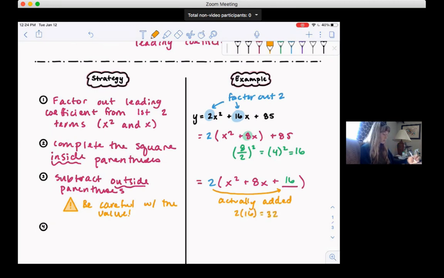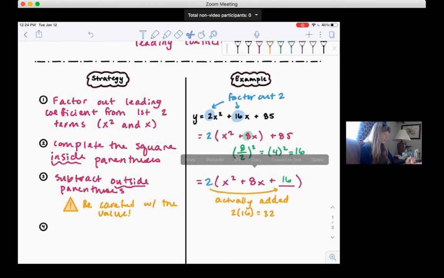So because it's inside those parentheses that are being multiplied by 2, we've actually added 32 overall. So when I subtract a number, I need to make sure I subtract the full number that I added, which is actually 32. And then we still have plus 85 hanging out at the end.